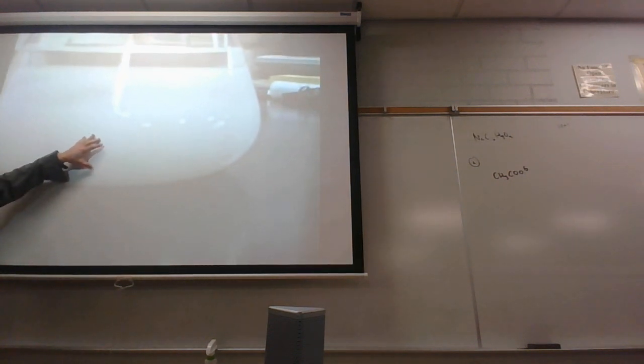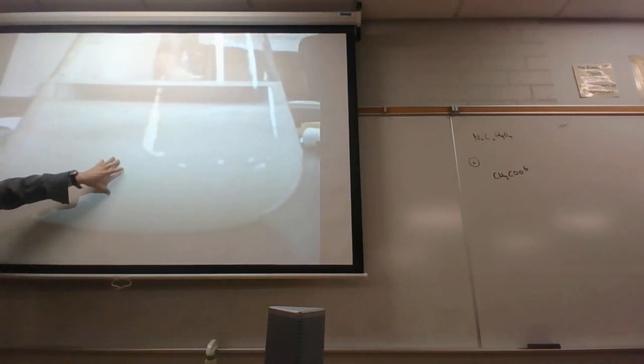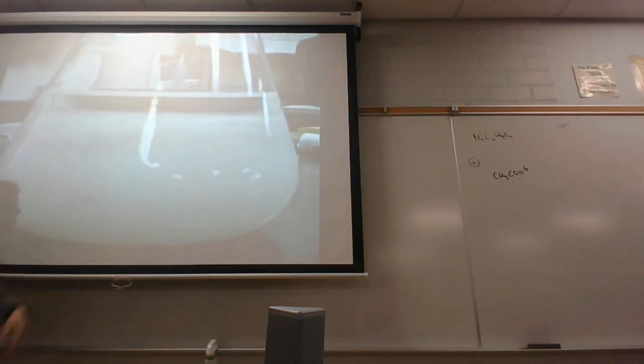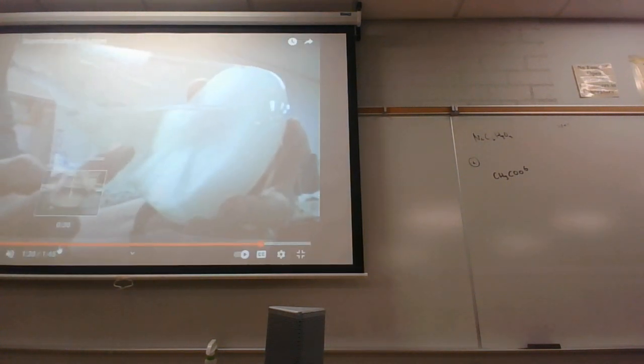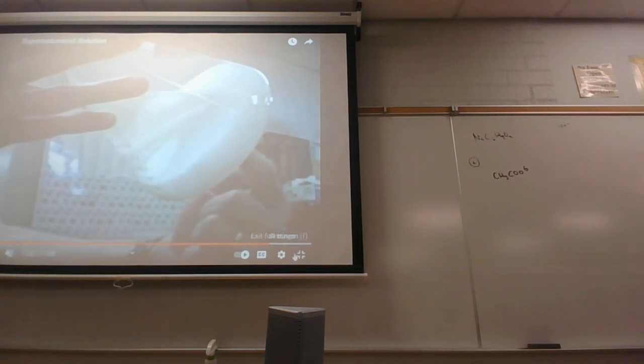And so this is all the excess solute. If I warm this up, you can redissolve all that excess solute. But when you cool it back down to room temperature, that's way too much, and it'd be way oversaturated. So that's supersaturated.